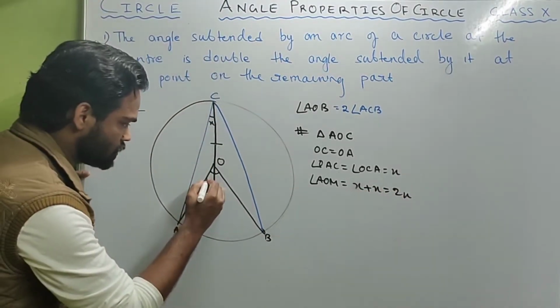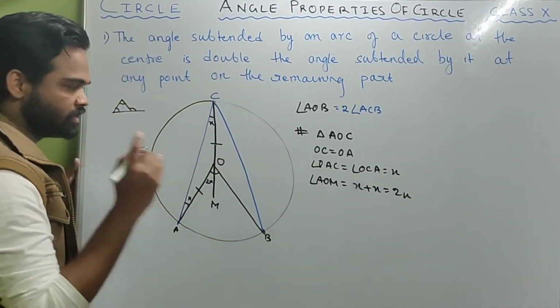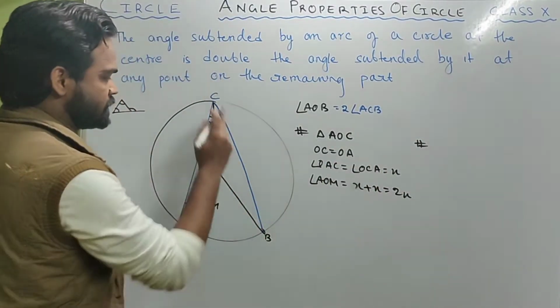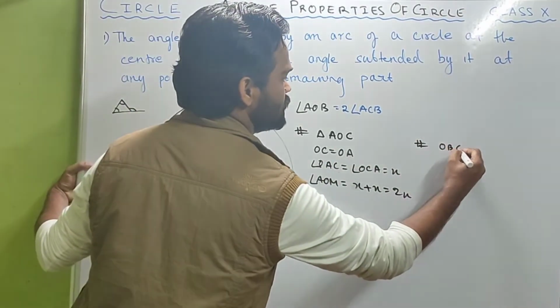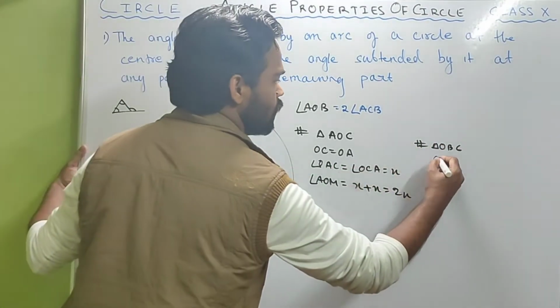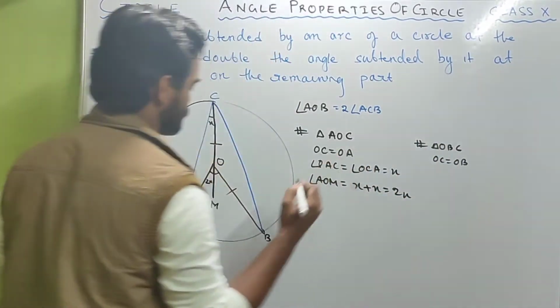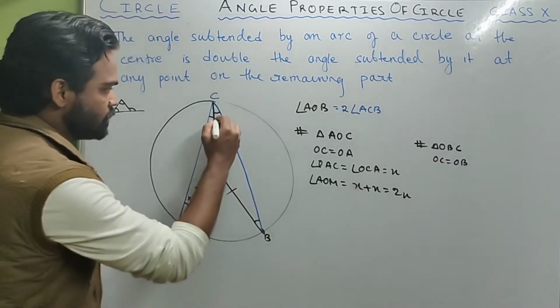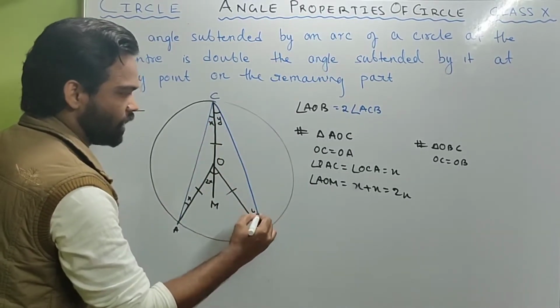So this is 2x. Similarly, in this triangle, if I take triangle OBC, in the same way, OC and OB are same. OC equals OB, which means this angle and this angle will be same. Suppose this is y, this is y.